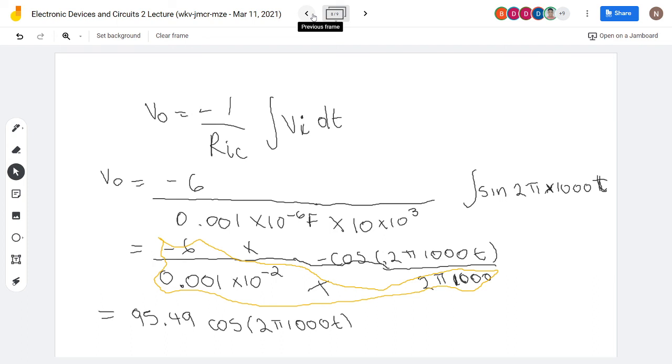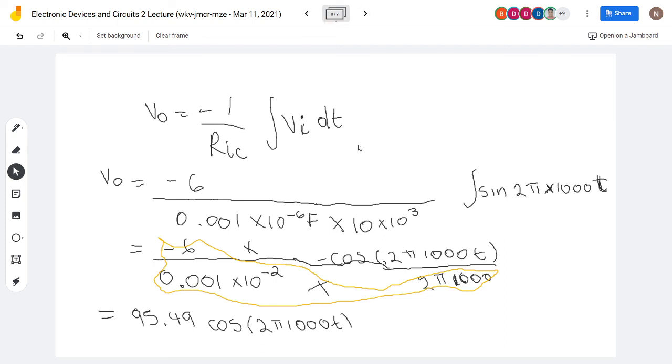So the frequency remains the same for the output wave. But what's going to change? This is V out. What's going to change?